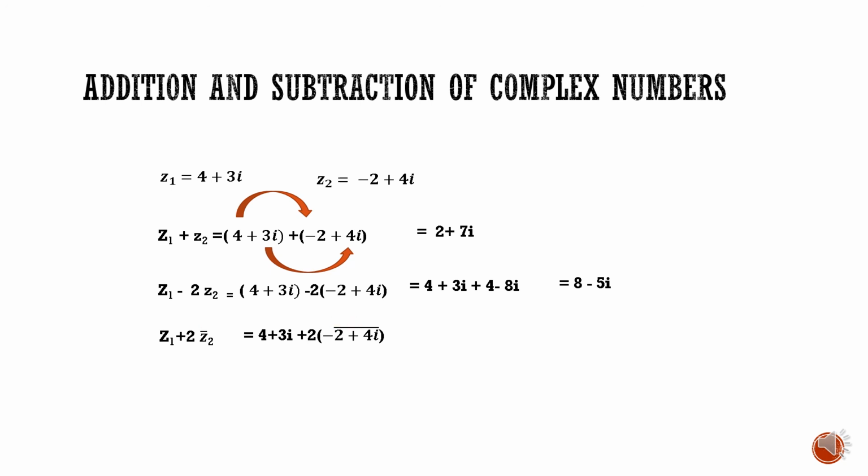Now already you know very well, bar represents complex conjugate. Complex conjugate means we have to change the sign of the imaginary part alone. We should not change the sign of the real part. We have to change only the sign of the imaginary part. So let's do that work.